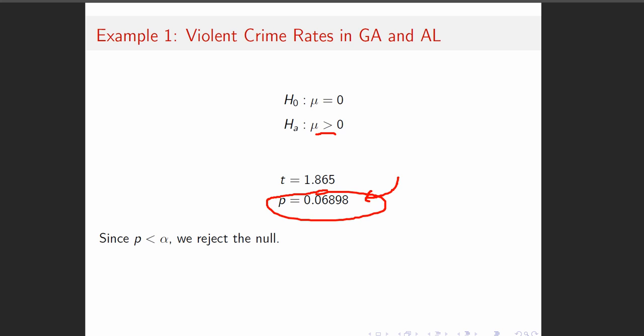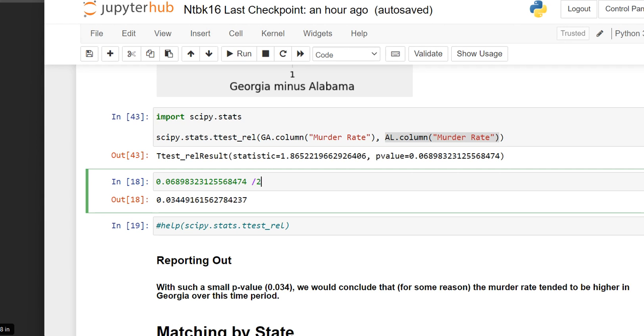Okay, so we want to actually take this number and divide by 2. Why? So we get a one-tailed t-test, right? The p-values from the one-tailed test are exactly half of the p-value from the two-tailed tests. Okay, so if we want that number divided by 2, you see what I did here.